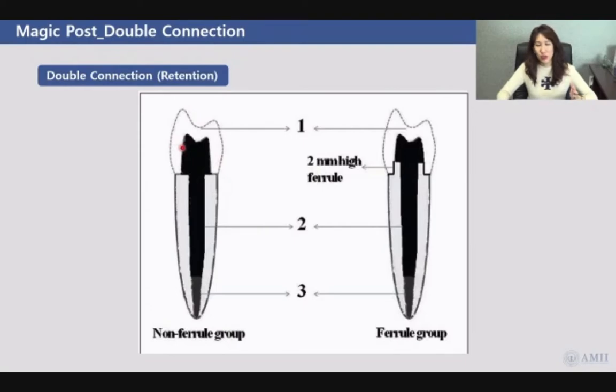Especially when lateral force is exerted. But if we have the 2 mm high ferrule, the crown, the post-core crown will have both the inner and outer connection.